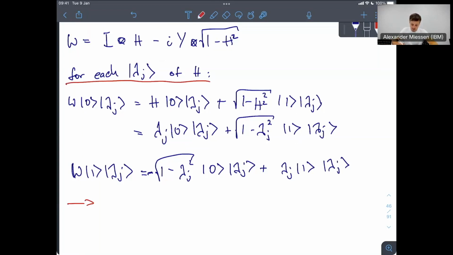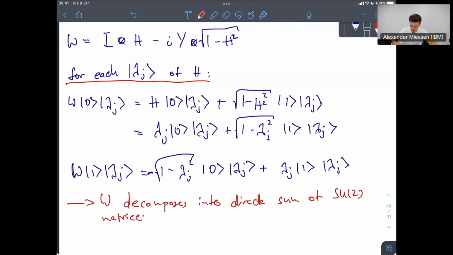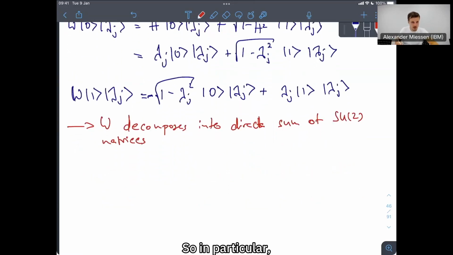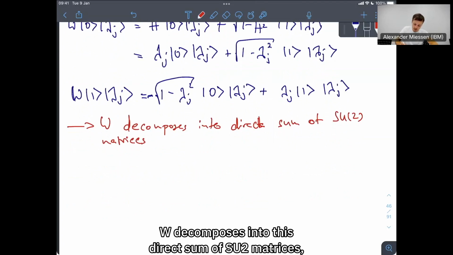So in particular, W decomposes into this direct sum of SU(2) matrices.